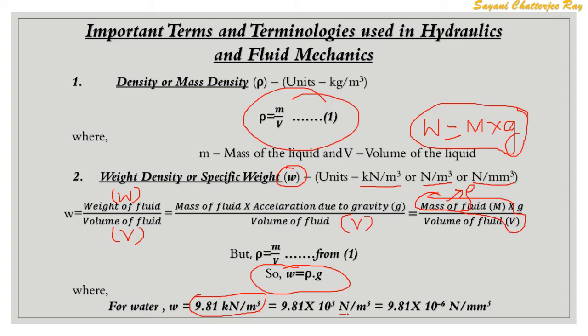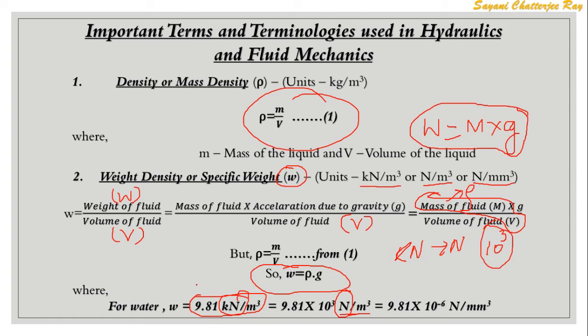If you convert it in newton per meter cube, simply convert kilonewton into newton. That means you have to multiply it by 10 to the power 3 or 1000. So w equals 9.81 into 10 to the power 3 newton per meter cube.